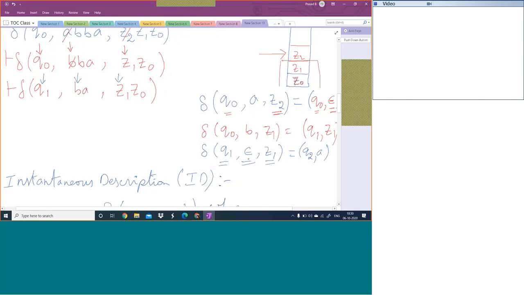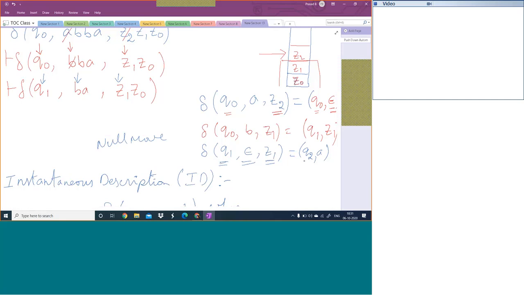Whether there is an input string or not, when Q1 is the state and the top symbol is Z1, just do the transition without taking the input symbol. That is called a null move.